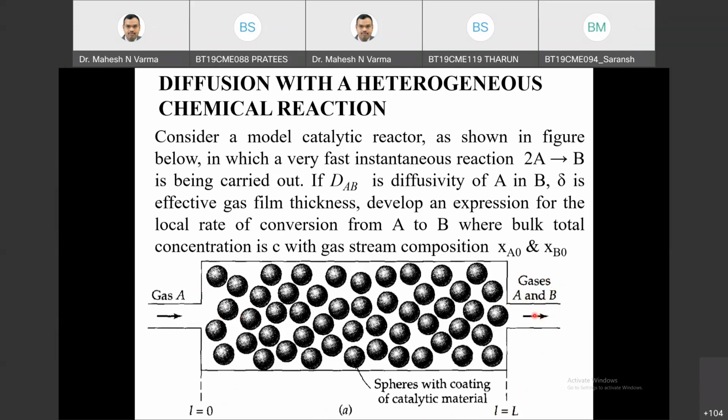Say overall conversion. So now you will always be targeting, okay, the overall solution to this problem is, say I want to have maximum production of B. So what should be the final conversion of A? That can be one thing. And what should be the input flow rate? So I will get the appropriate capacity of B. Conversion and quantity of B. That is the main parameter I am interested in. Overall conversion from this point to this point.